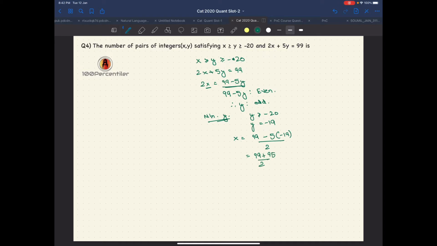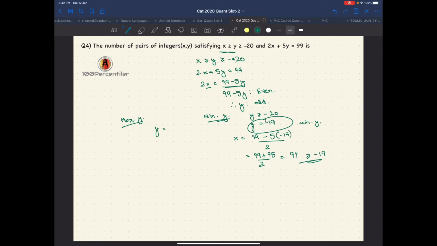This is 97, and this is also greater equal to minus 19. So this condition is also satisfied here. Now we know that y equal to minus 19 is the minimum y which is possible. So we look at the maximum possible value of y now.